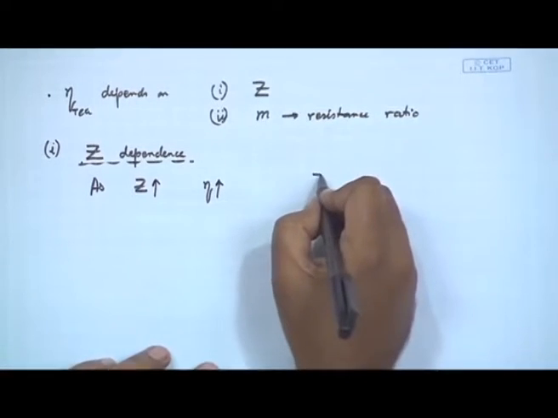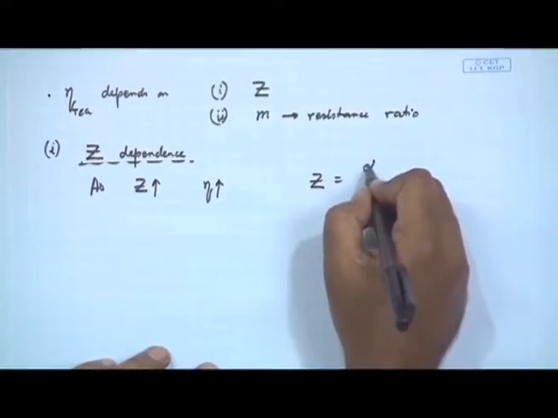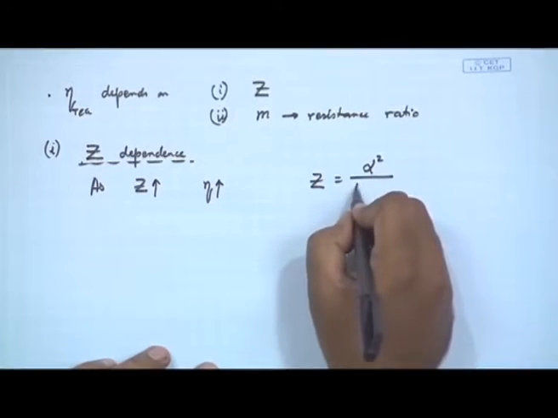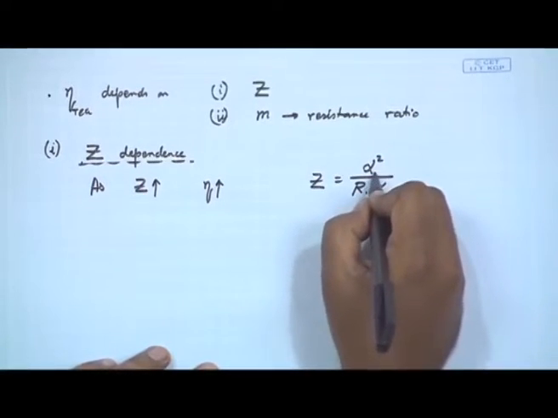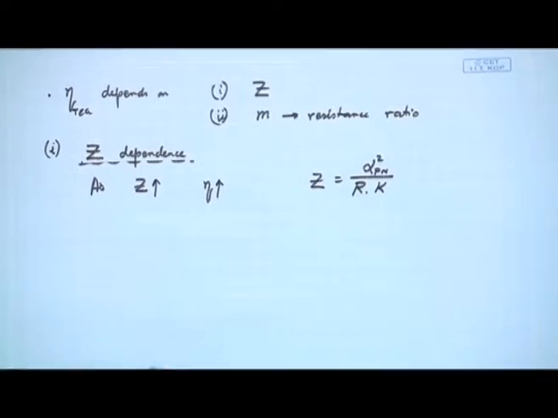Now, what is Z again? It is alpha squared divided by R times K. So, what does this mean?